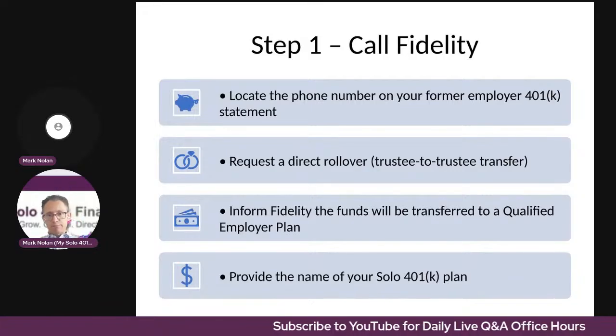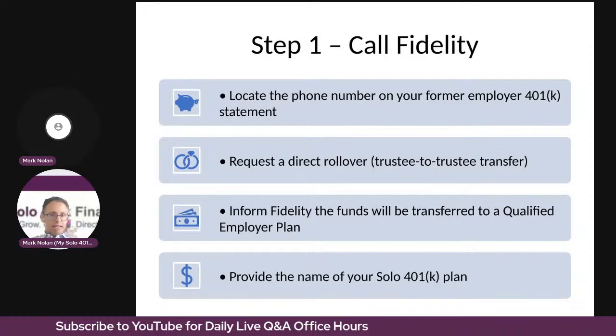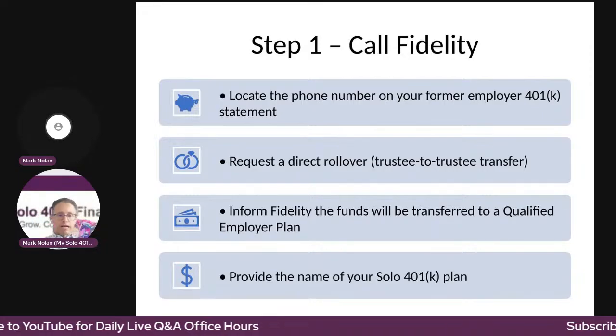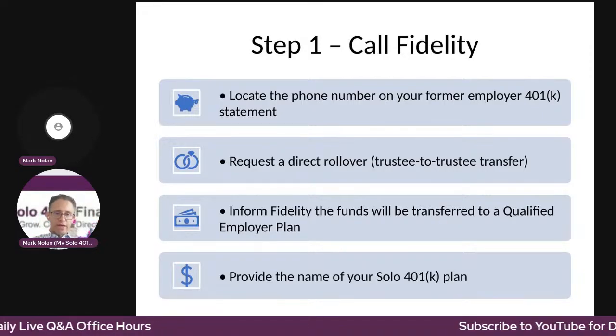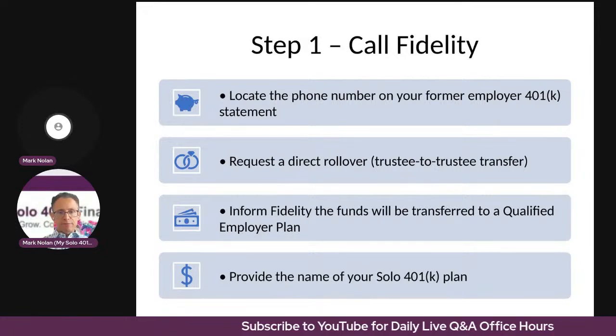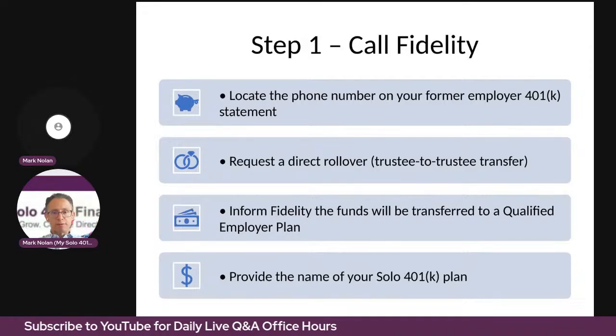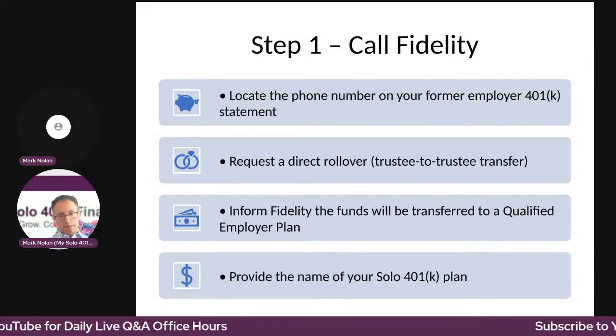Both spouses can participate in the same solo 401k plan. They can each transfer their former employer 401k funds over from Fidelity, for example, and they would each be able to borrow 50% of their respective solo 401k balance up to a maximum of $50,000.